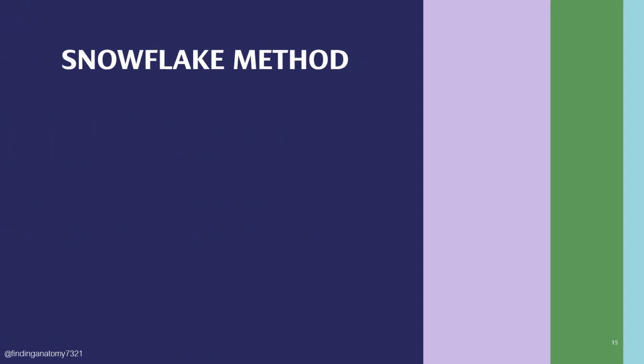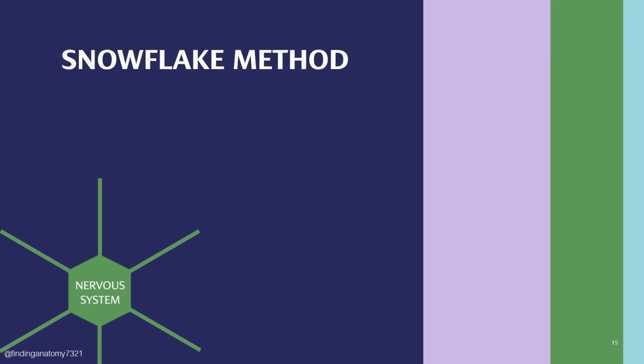One of the ways of refining the topic and reducing the scope is what I consider the snowflake method. Let's say there's an area that you're interested in, say the nervous system. You look at what the components of the nervous system are: brain, spinal cord, autonomic nervous system, ventricles, meninges and peripheral nerves.